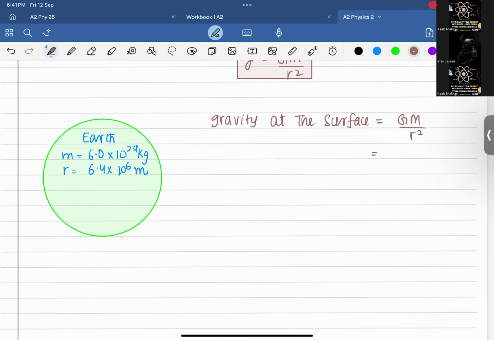For G you put 6.67 times 10 to the power negative 11, then you put 6.0 times 10 to the power 24, and then 6.4 times 10 to the power 6, and you square it.